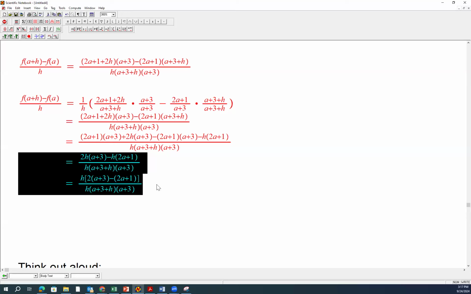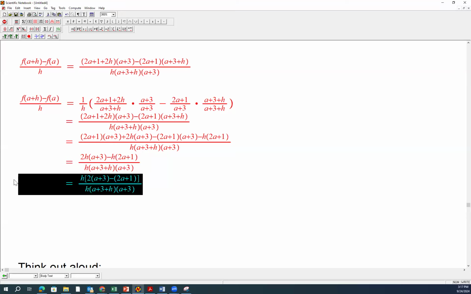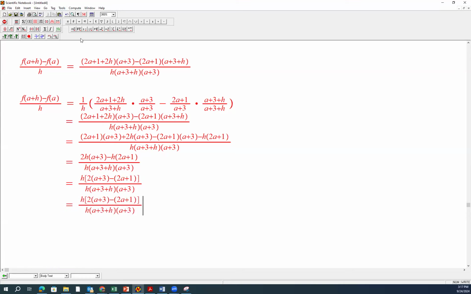Yes, you can do the algebra this way. Keep things as simple as possible and make it easier for you to check. Now, of course, h and h will be reduced. Inside the parentheses, we open up the bracket. So 2a plus 6, minus 2a minus 1.